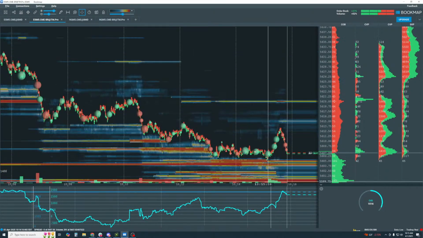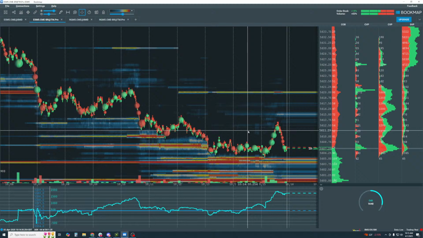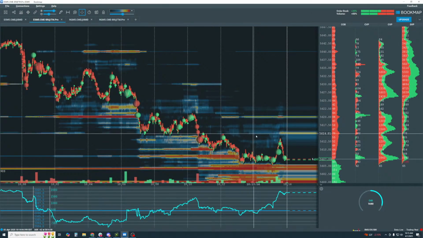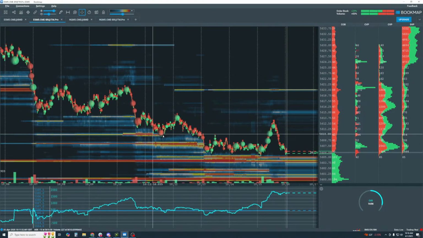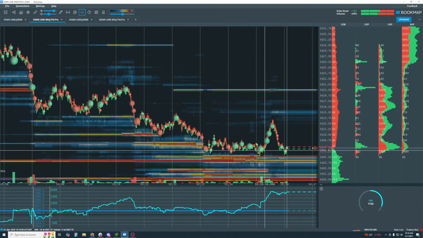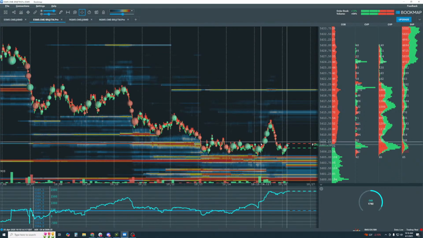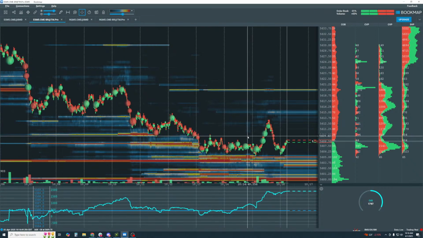Look at this cluster of buying that just came in. If that is the case, then let's start to look for the potential for a reversal, as sellers do trade into these areas of high liquidity. There's a few things to look for: the potential reversal, and also the potential squeeze as well.